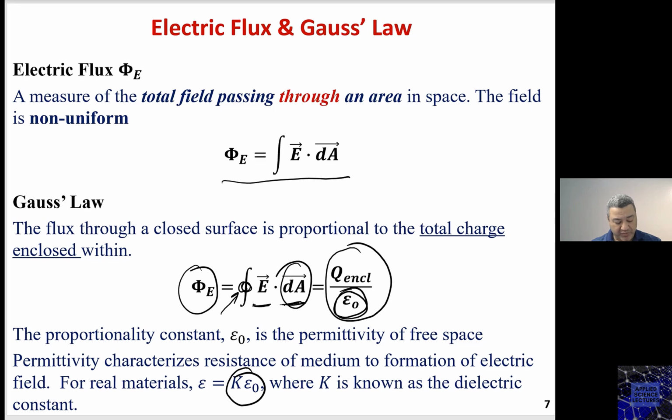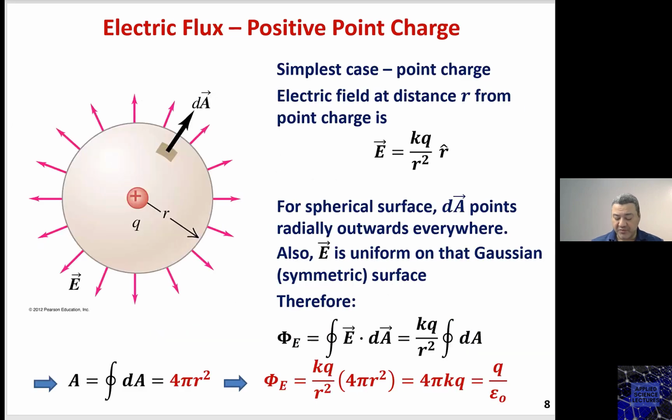We're going to come to the types of the surfaces. If we are to take a point charge, the simplest surface to take as a closed surface would be a sphere.